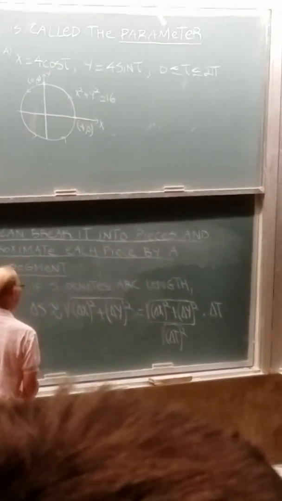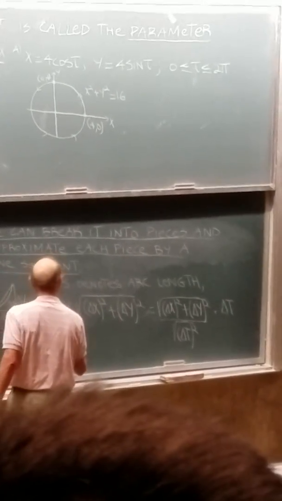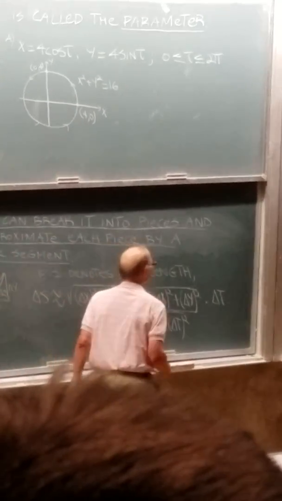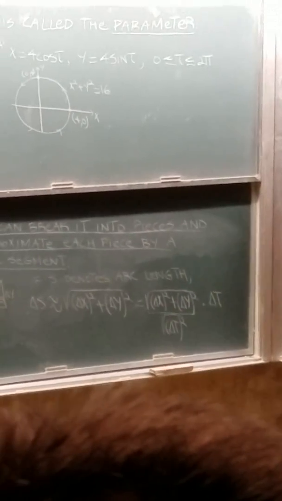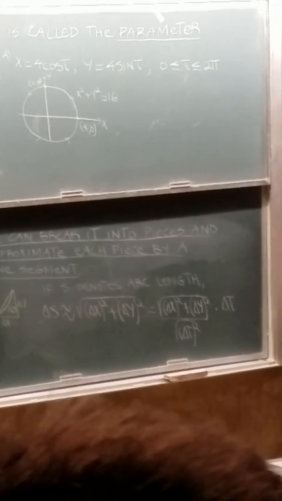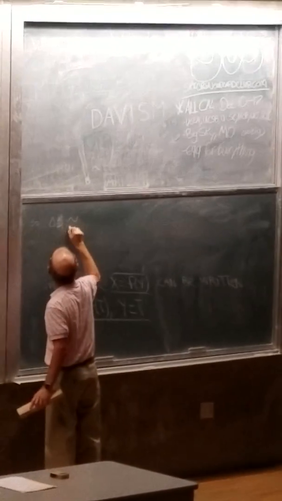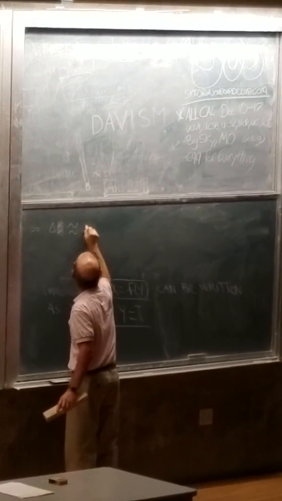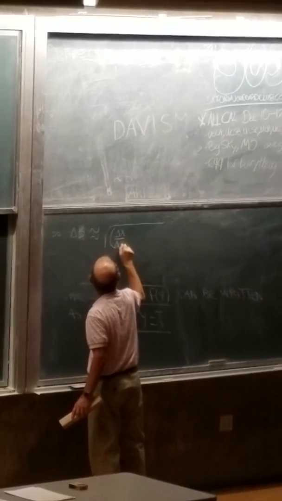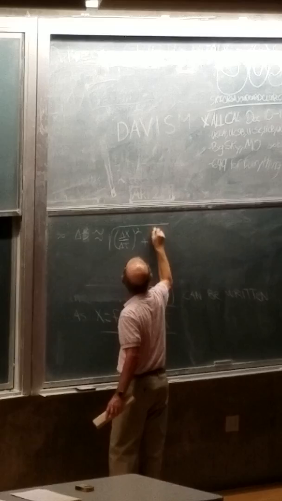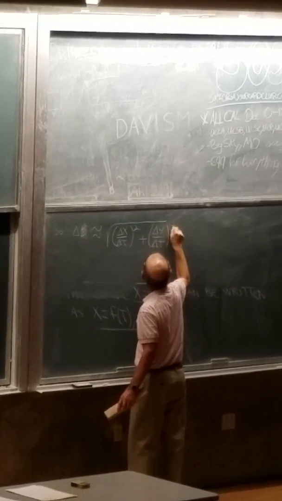And so we get the approximation that the small piece of the curve has arc length delta s approximately equal to the square root of (delta x over delta t) squared plus (delta y over delta t) squared, times delta t.